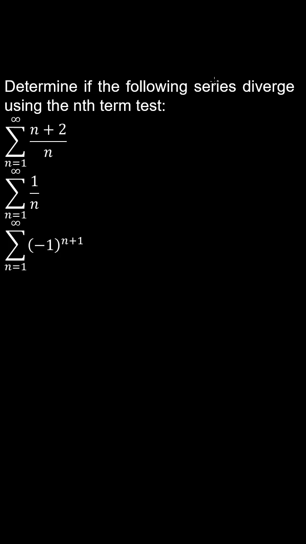Let's determine if the following series diverge using the nth term test. And this is one of the tests that we use for infinite series, where there's no closed form equation for the partial sum. Well, this test tells us to take the limit of the sequence that corresponds to this series. And in this case, it's equal to 1, and because it's not equal to 0, the series diverges.